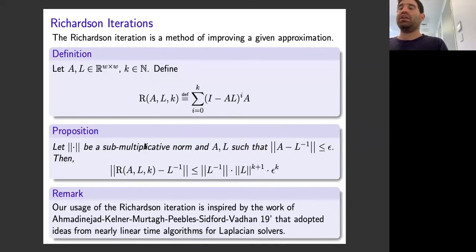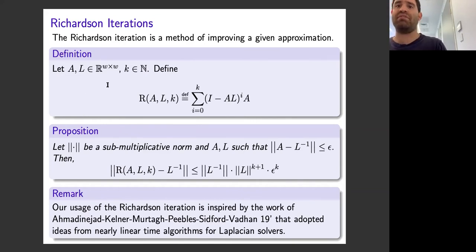Good. So let me start with the analysis, the construction, the proof. The story begins with something called the Richardson iterations, which is basically a procedure that takes a moderate approximation and makes it better. Let me be slightly more concrete.